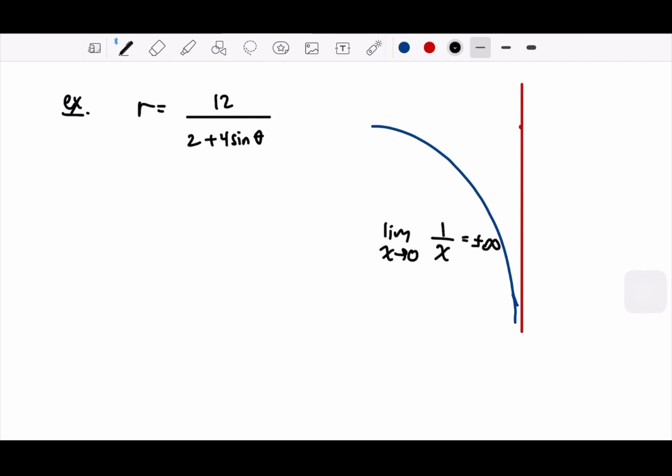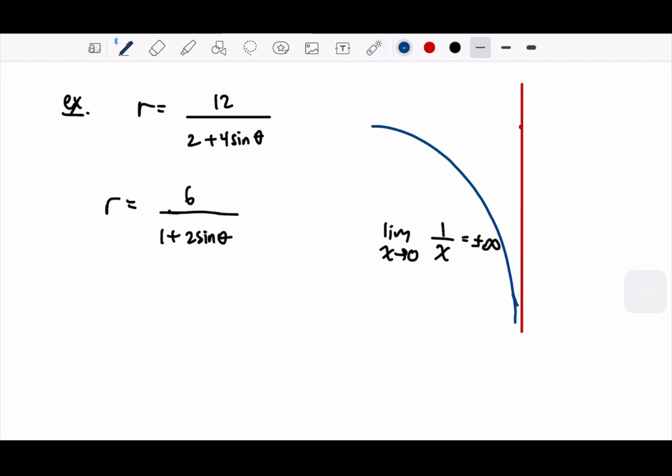In the same way we will use that in our equation here. We are going to use the limit when this term goes to 0 from the right or from the left, and we can just pick each one. But before that, maybe we can just let r become 6 over 1 plus 2 sine theta, right?